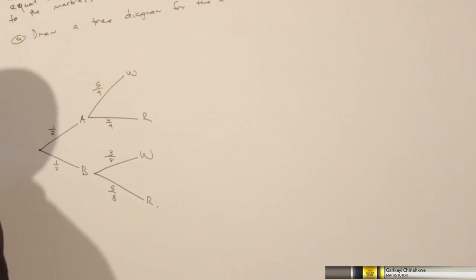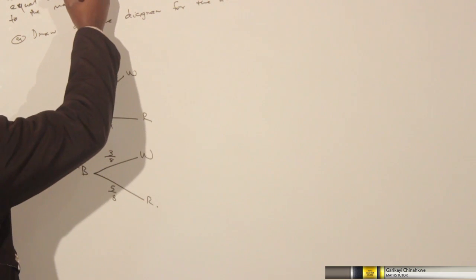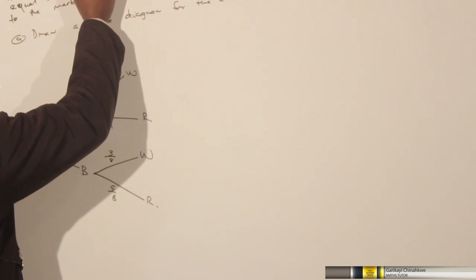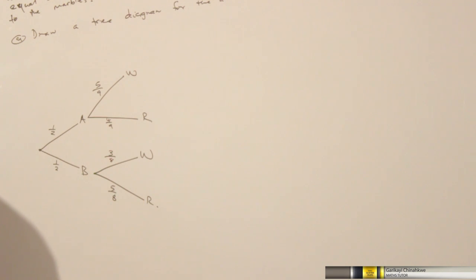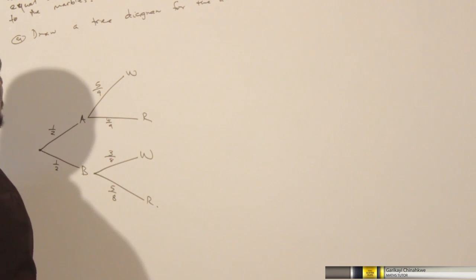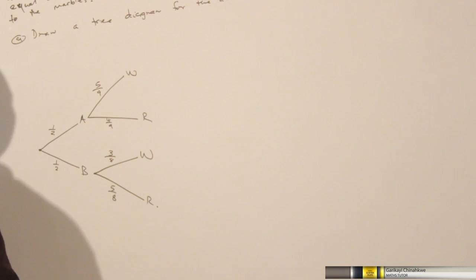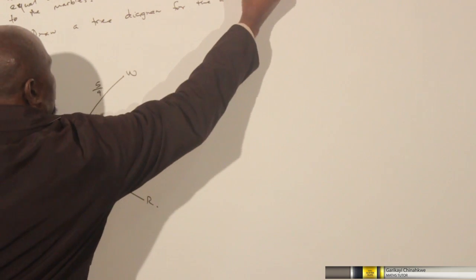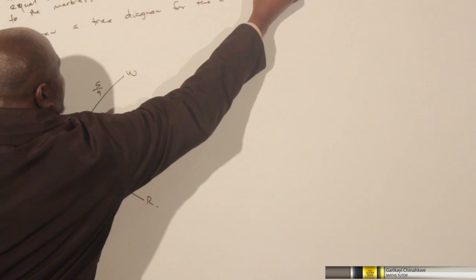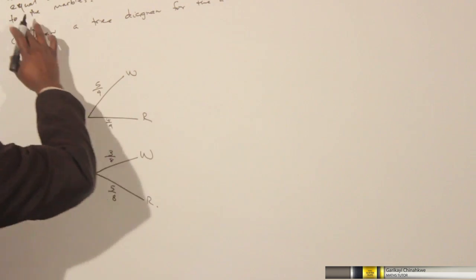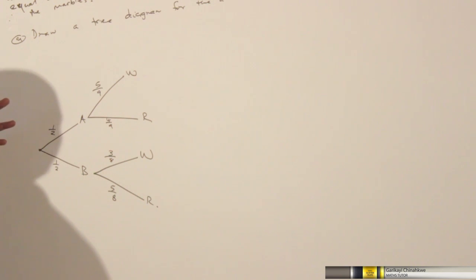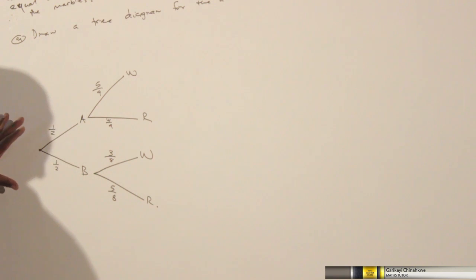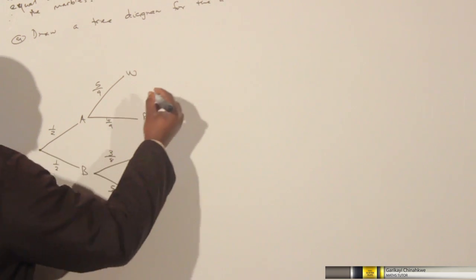Okay, so this is your tree diagram, and you are supposed to write the outcomes.